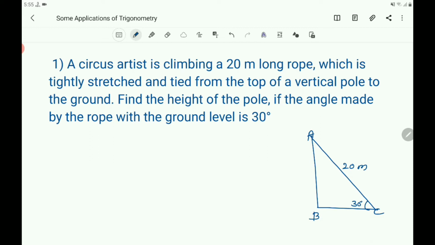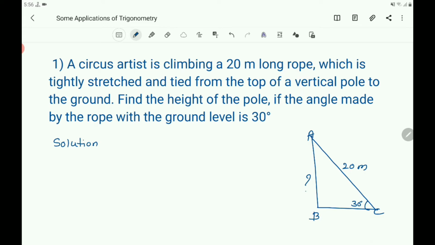Here what you have to find out? Find the height of the pole. We have to find out AB. Now let us write the solution.